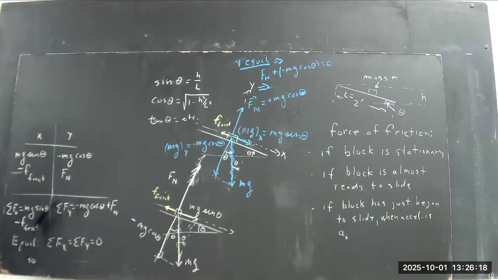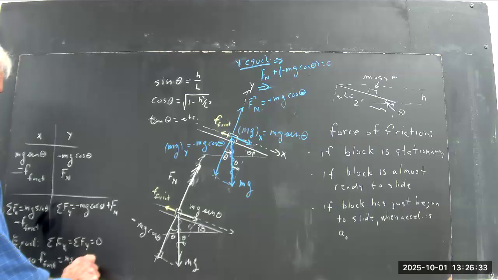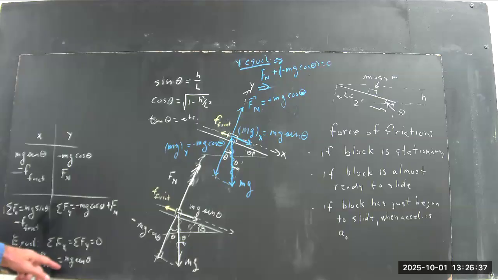So now I'm going to skip this step. If you let this equal 0, you find that the force of friction has magnitude mg sine theta.